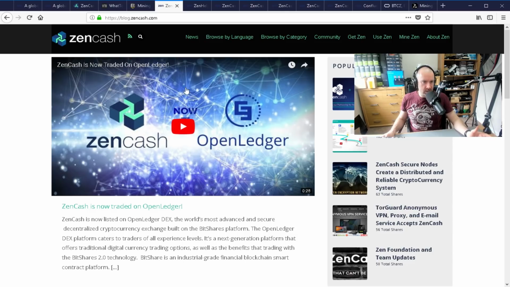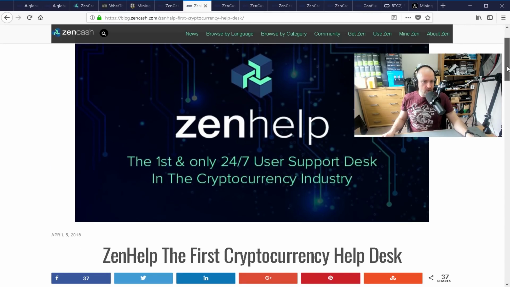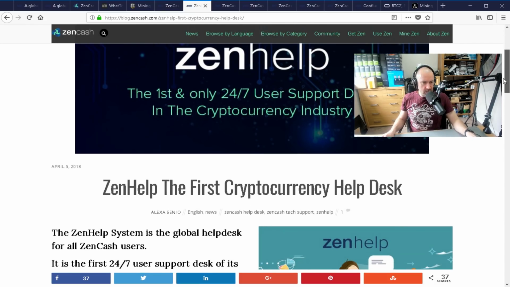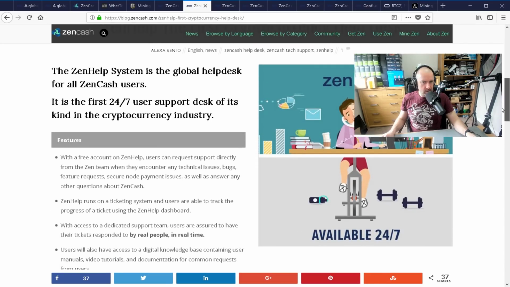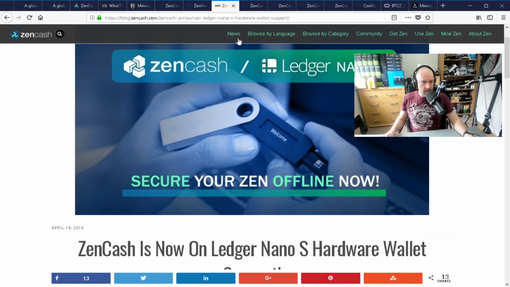So you can see here it's now trading on Open Ledger exchange support. You can see the first and only 24 hours a day user support desk. This was announced a few weeks ago. They've got a cryptocurrency help desk for people that need help with ZenCash. They're now on Ledger. When they announced the support for Bitcoin Private, they also announced support for ZenCash.